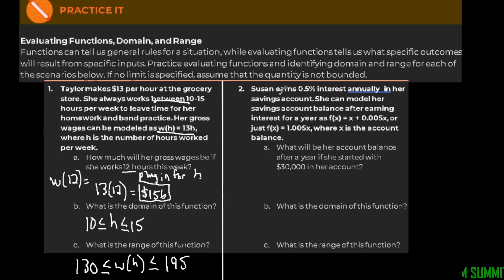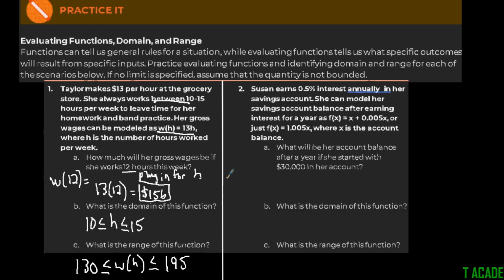Then for number 2, it says Susan earns 0.5% interest annually in her savings account. She can model her savings account balance after earning interest for a year as f of x equals x plus 0.005x, or just f of x equals 1.005x, where x is the account balance. So then it says, what will be her account balance after a year if she started with 30,000 in her account?